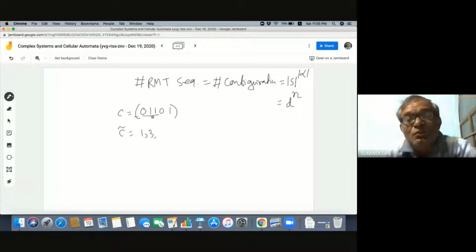Then 1, 1, 0, it is 6. Then 1, 0, 1, it is 5. Then 0, 1, 0, it is 2. Right? Please check, and if it's not, let me know. So 1, 3, 6, 5, 2. This is the RMT sequence.